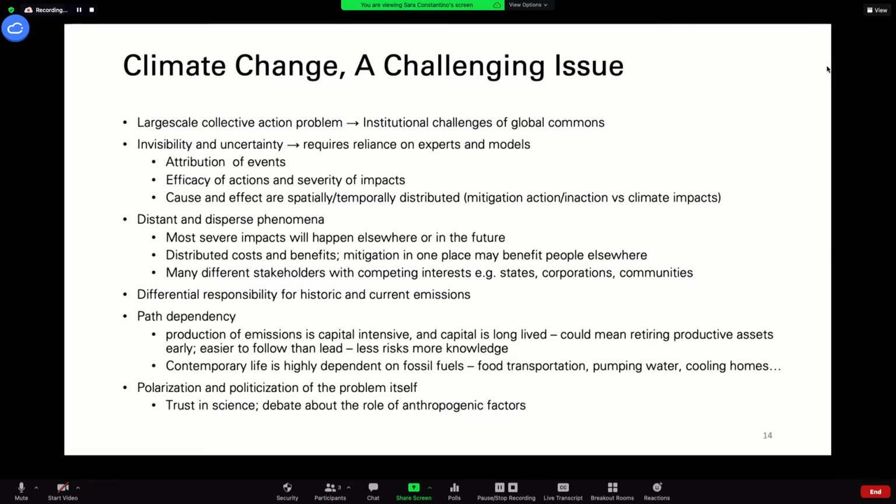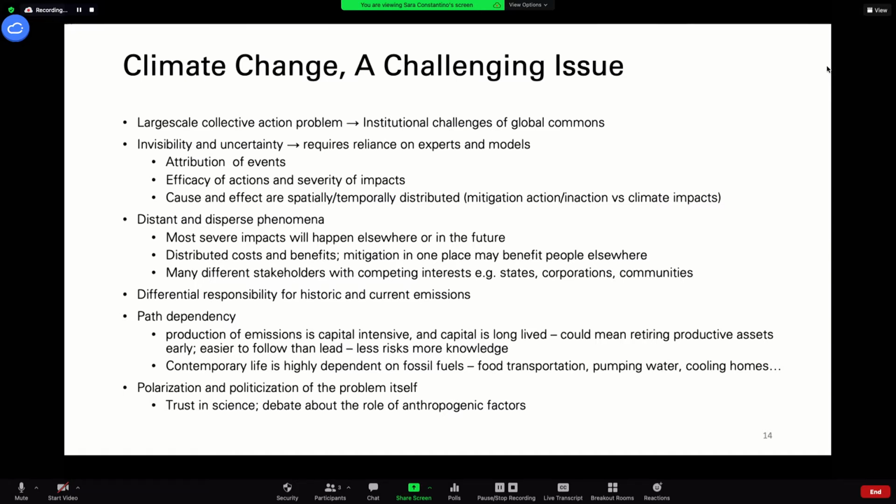There's also differential responsibility for historic and current emissions, and this is something you've discussed in previous classes. And then there's path dependency. The production of high emitting industries is capital intensive, and this capital is long lived. And so this might mean that we have to retire productive assets earlier. There's also a lot of knowledge that's already been accumulated in the way that we currently do things, and so doing new things brings more risk with it.